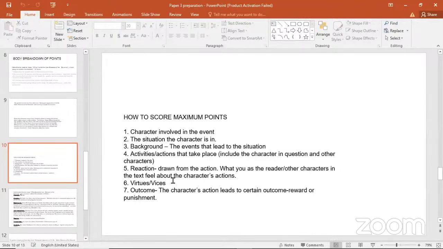Then, of course, mentioning of the virtue or the vice. So whatever it is you're talking about, and this one will be in relation to the outcome, the clincher. So at the end of the day, because of these actions the person did, because of what they did here, what is the outcome?